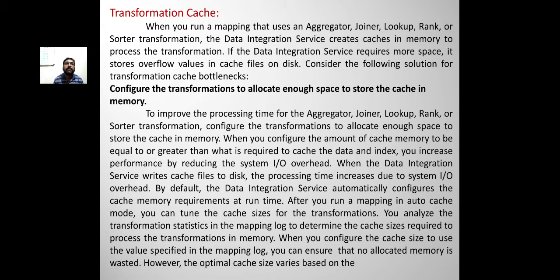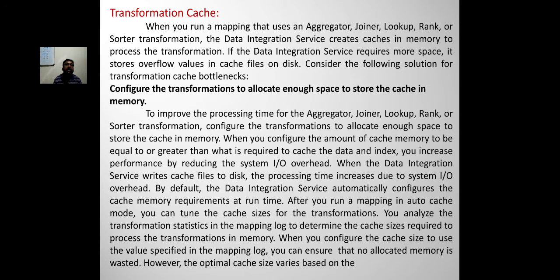By default, the Data Integration Service automatically configures the cache memory requirements at runtime. After you run a mapping in auto cache mode, you can tune the cache size for the transformation. You analyze the transformation statistics in the mapping log to determine the cache size required to process the transformation in memory.